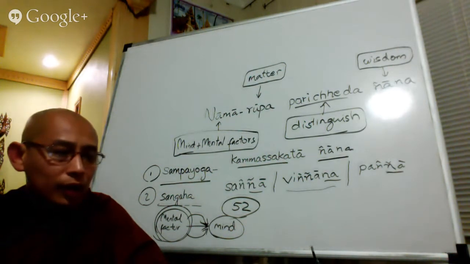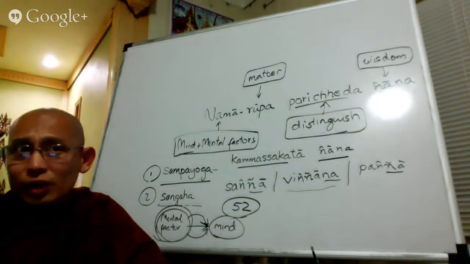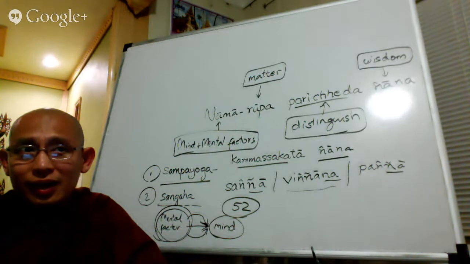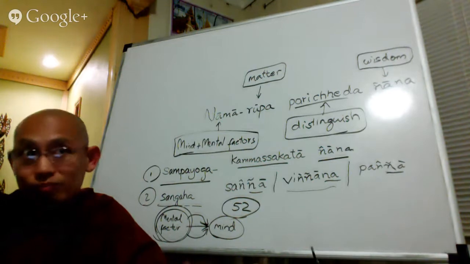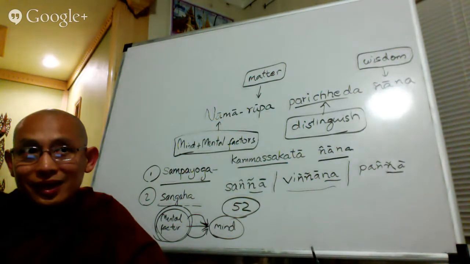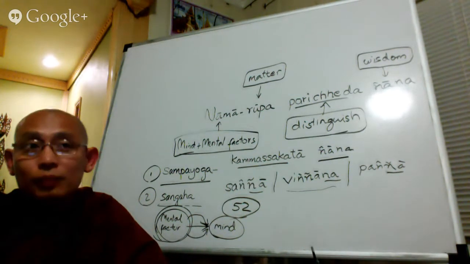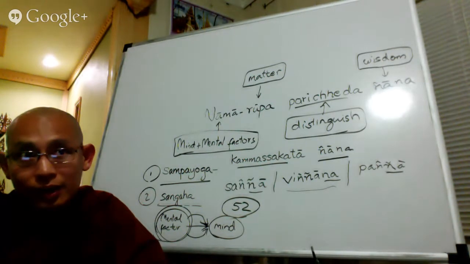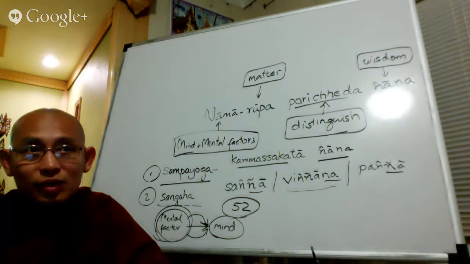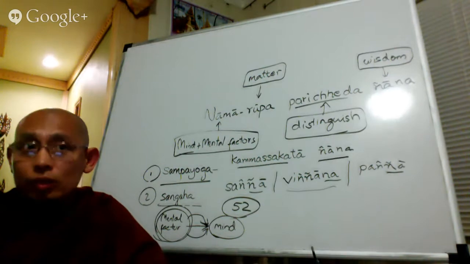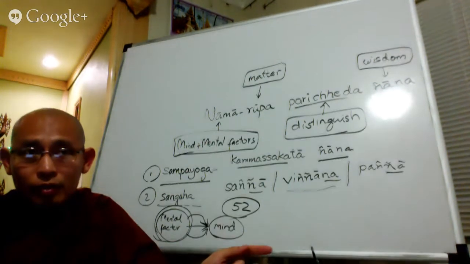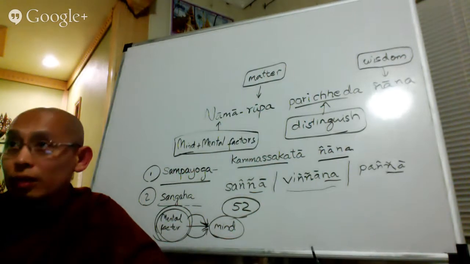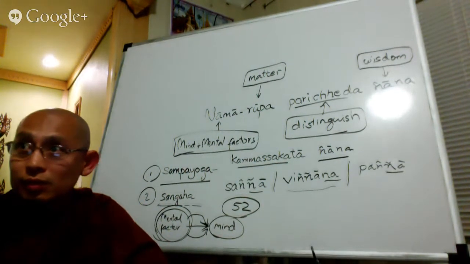So that's why the 2-5 sense consciousness are the result of unwholesome bad karma and the result of wholesome good karma. Two ways. So two eye consciousness: the result from the unwholesome and the result from the wholesome.